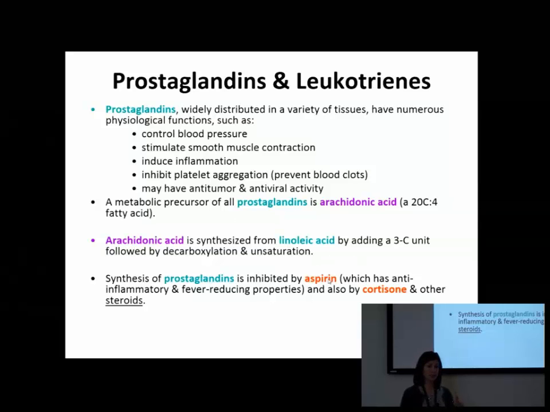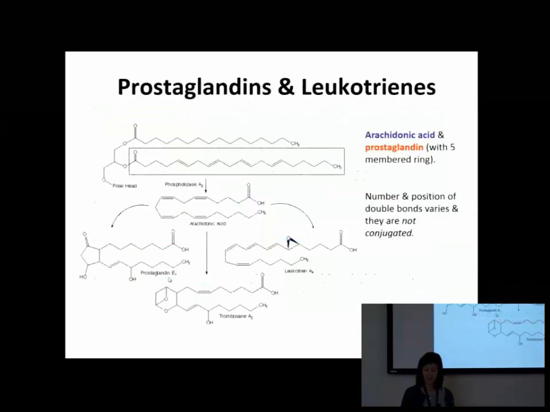So this is arachidonic acid, and it can make prostaglandins and leukotrienes. They have double bonds, but they are not conjugated. Take a look at this. Oh, in my slide here, I don't even show this early one.